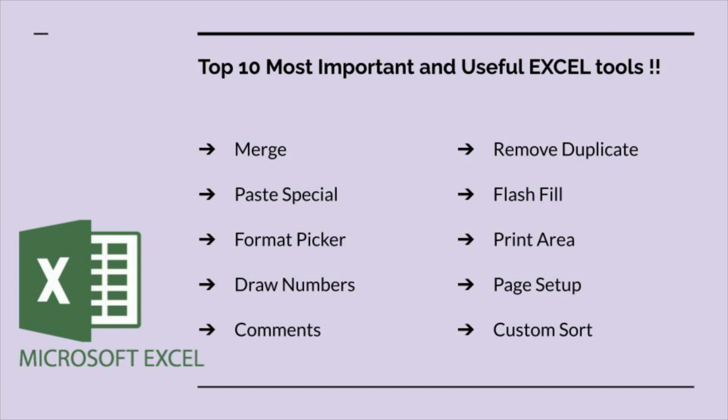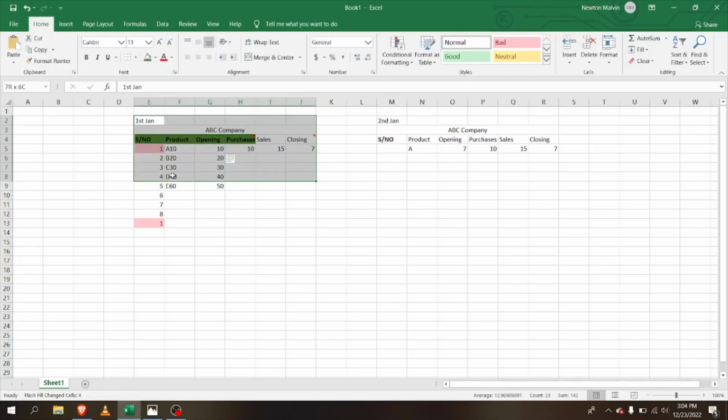So now we have the Print Area. Let's say I want to print only this part, and leave the closing part here.